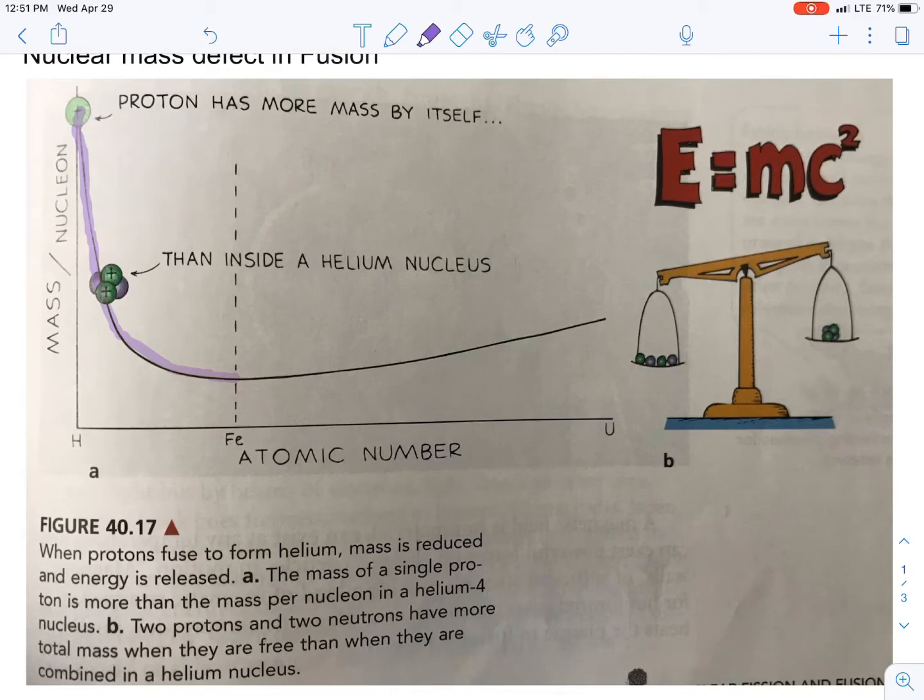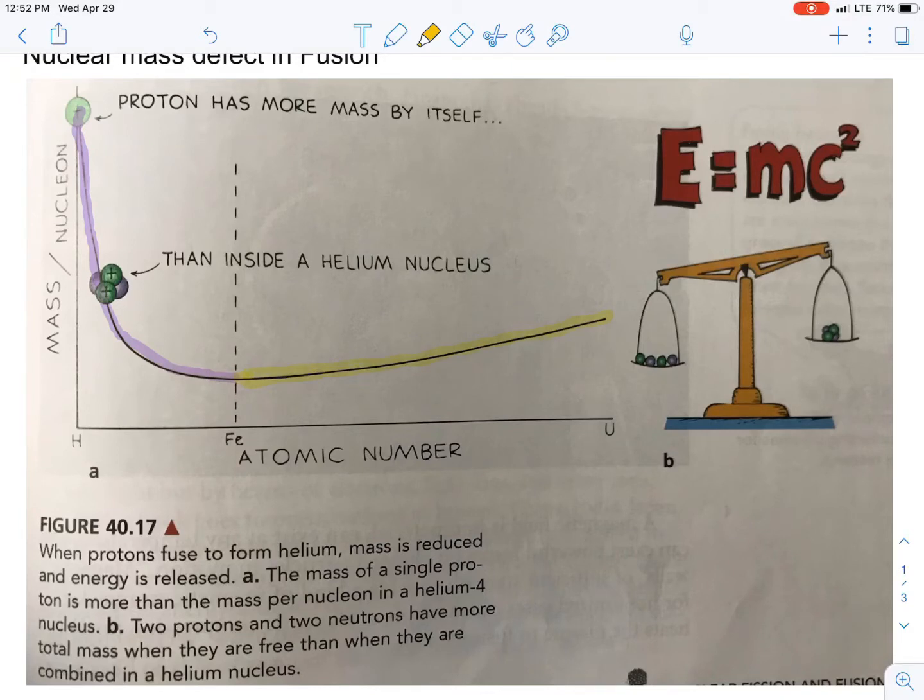And so the mass changes a lot more when they're smaller particles. After you get to iron, it kind of reverses, where the mass of the particles starts going back up. And we're talking about the subatomic particles, right? And so then the mass changes again.